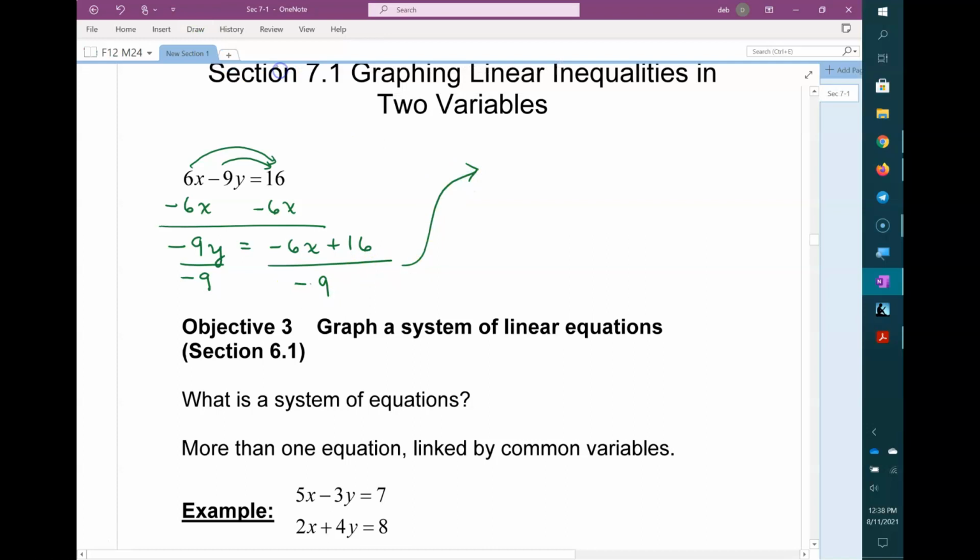And here's where the algebra comes in: y equals 6/9, which reduces to 2/3 x, minus 16/9. So this would be a pain in the neck to graph. You'd need to subdivide your graph into ninths and have each box be 1/9 in order to make a good graph.